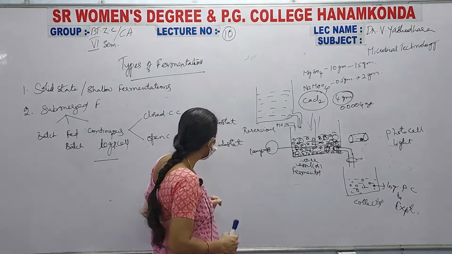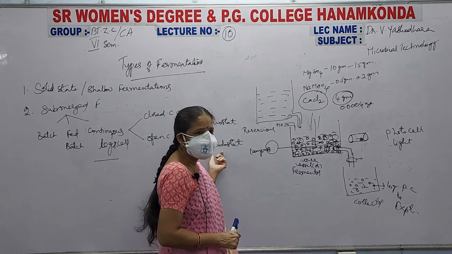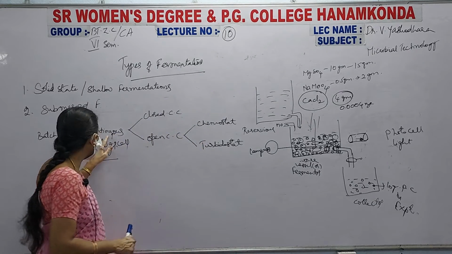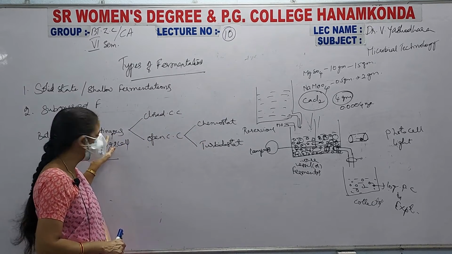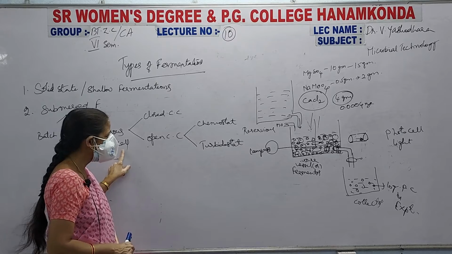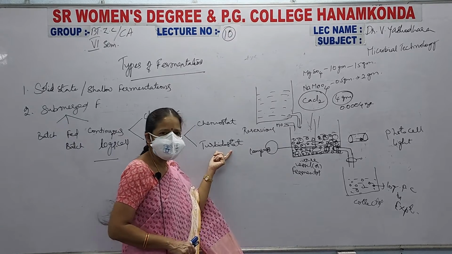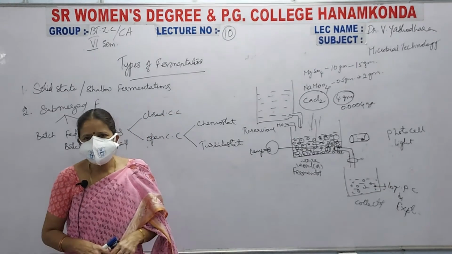So see here, turbidostat is an open continuous culture system consisting of continuously log phase cells, and it works based on the turbidity of the culture medium.